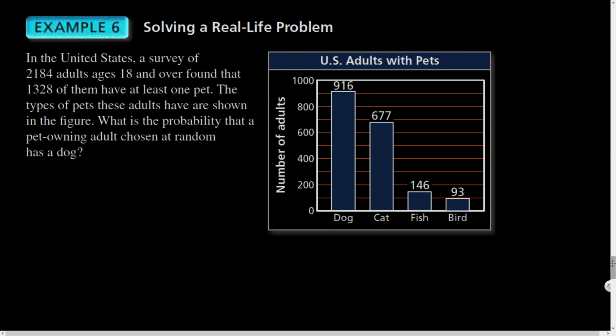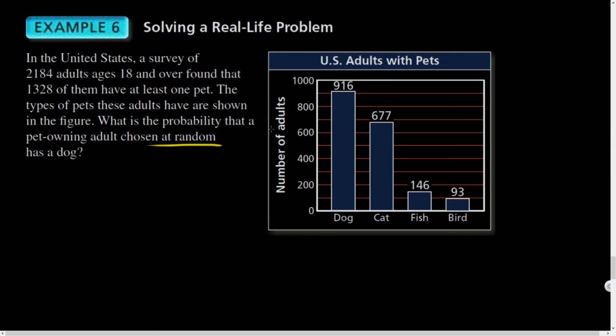Here we go. Video's almost done. In the United States, a survey of adults found that some have at least one pet. What is the probability that a pet-owning adult chosen at random, that's still key, has a dog? Now, if you take our statistics class here at BUHS, or actually anywhere, this at random becomes the hard thing to do with experimental probability.